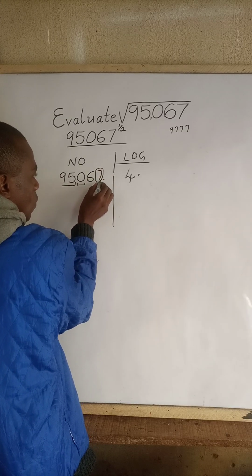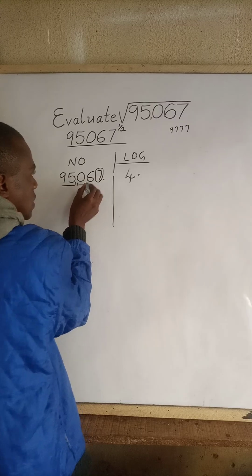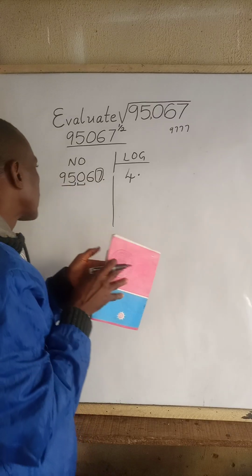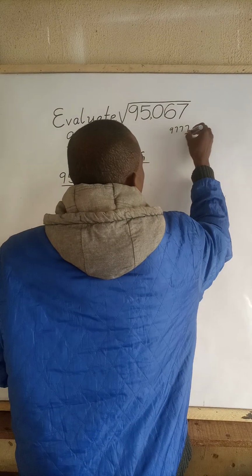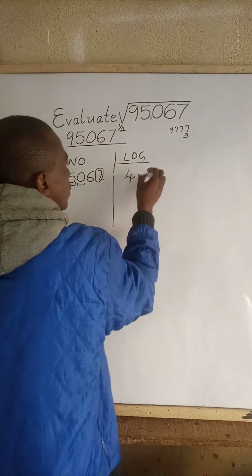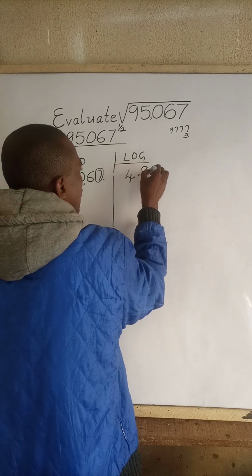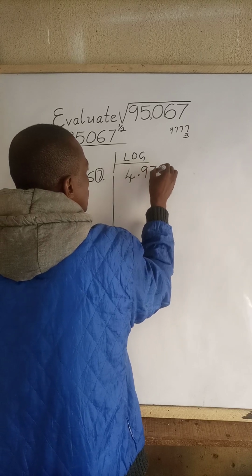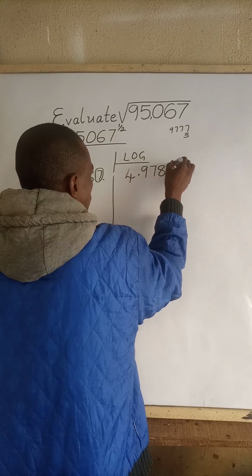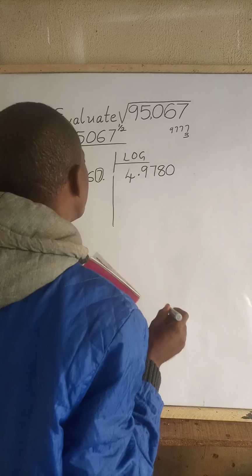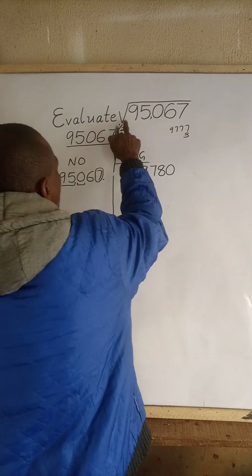I will call it 1. I will add 1 here, it will become 7. The difference 7 is 3. So when I add it up, we will have 9780.